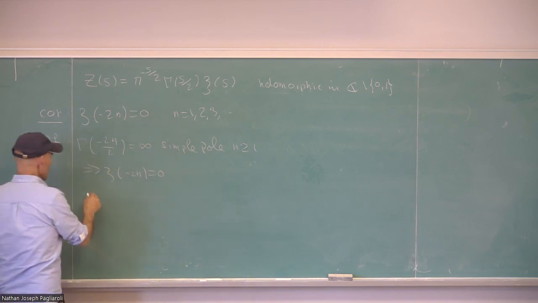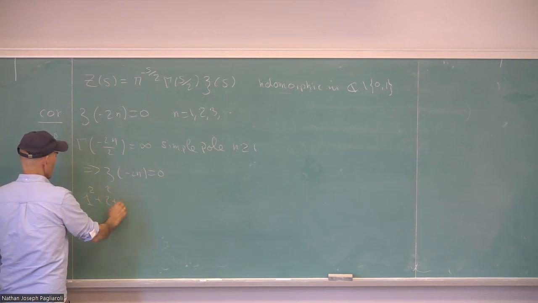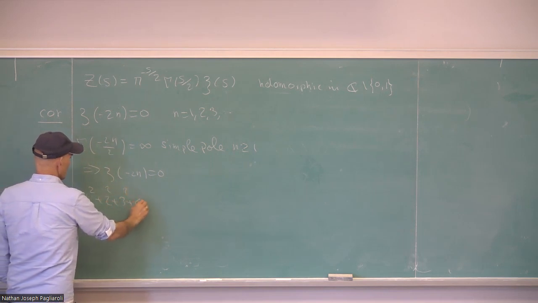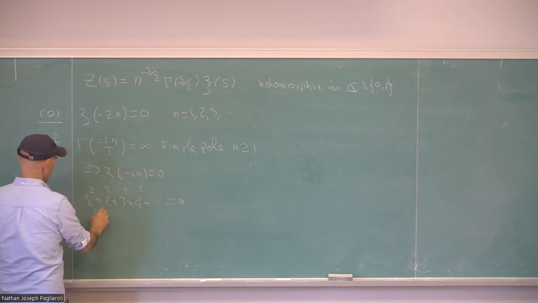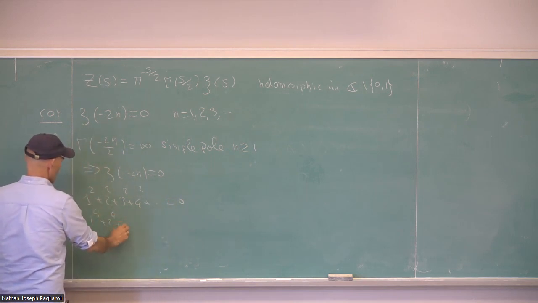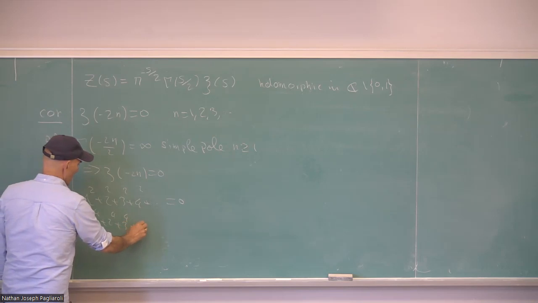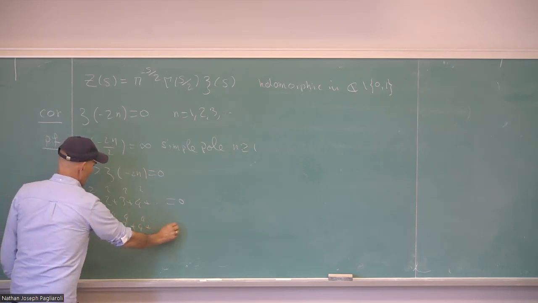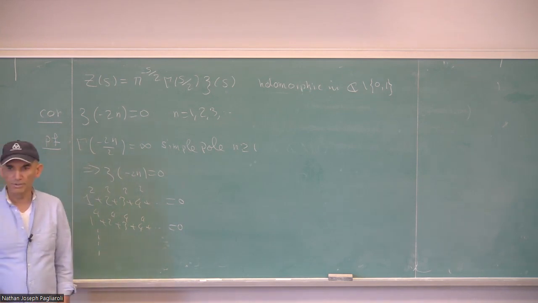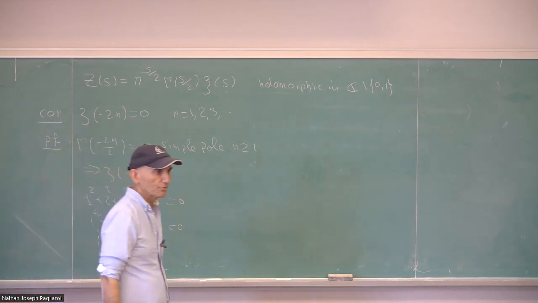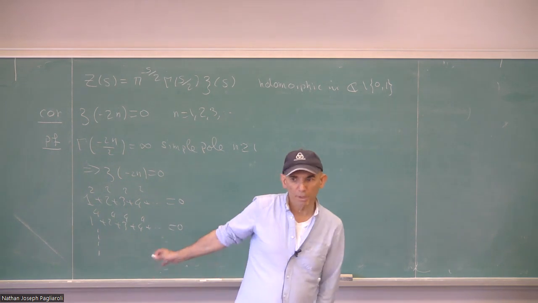So this is the source of fun relations like 1 plus 2 plus 3 plus 4 and so on equal to 0. Then people say 1 over 4 plus 2 over 4 plus 3 over 4. These are the relations people write, just to amuse you. But that's what they mean.